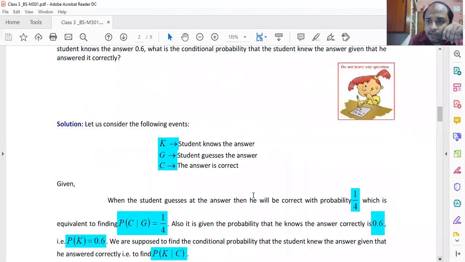So I am naming events in this way: let K be the event where the student knows the answer. Let capital G be the event where the student guesses the answer. And let capital C be the event that the answer is correct. Now, once the events are defined, I am going to put the information given in the problem in mathematical form.